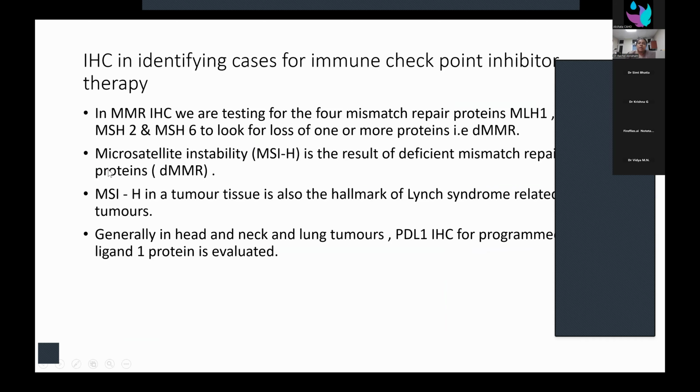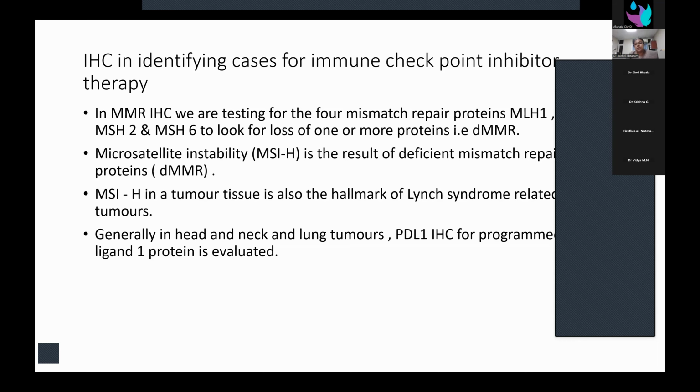As we know, the microsatellite instability or MSI-high status is the result of a deficient mismatch repair protein program. And also, the presence of MSI-H in a tumor tissue is the hallmark of Lynch syndrome related tumors.